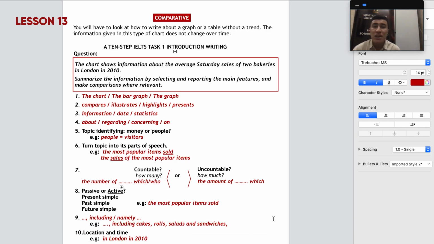Okay, the first question that appears among students is how to differentiate graphs with a trend and comparative graphs. So usually static graphs are comparatives. Okay, so what is static and dynamic graph? Dynamic graph means all the data, all the numbers are changing throughout the period.